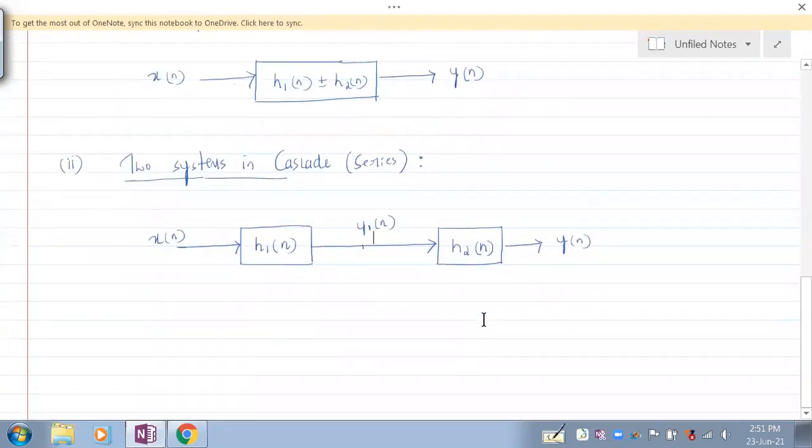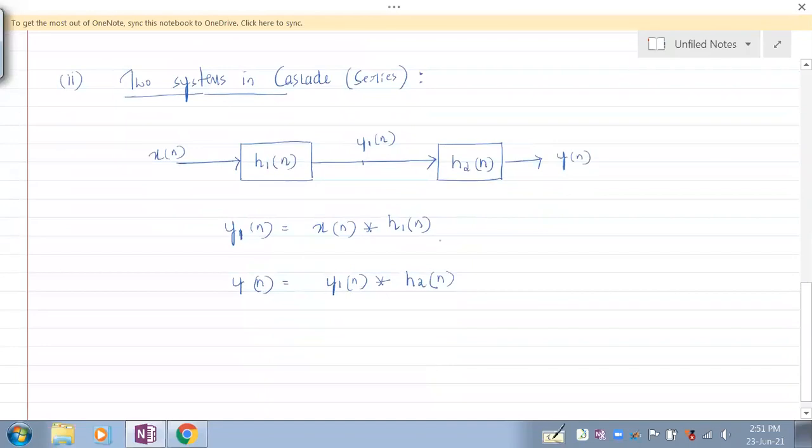Understand this? Now, what is y1 of n here? Anybody? y1 of n is x of n convolution sum h1 of n. What is y of n, the overall output? This is y1 of n convolution sum h2 of n.